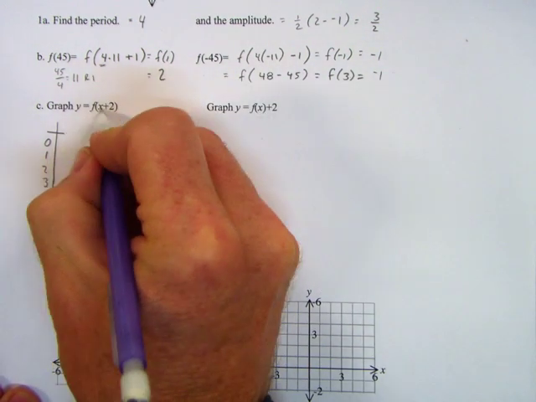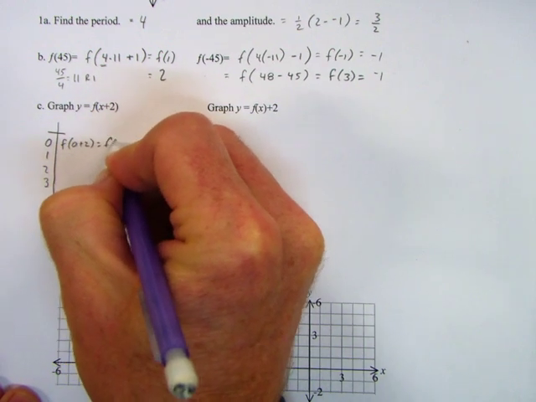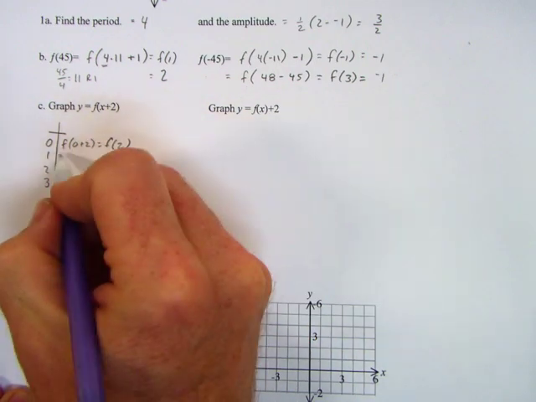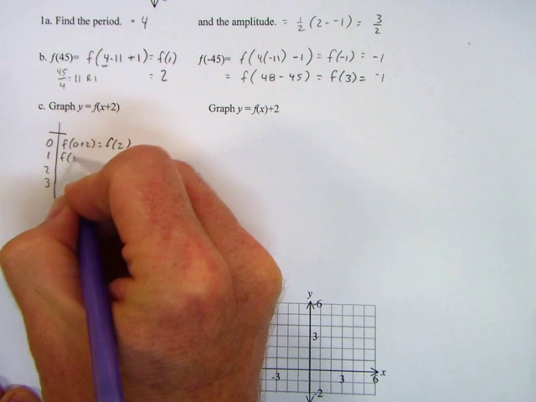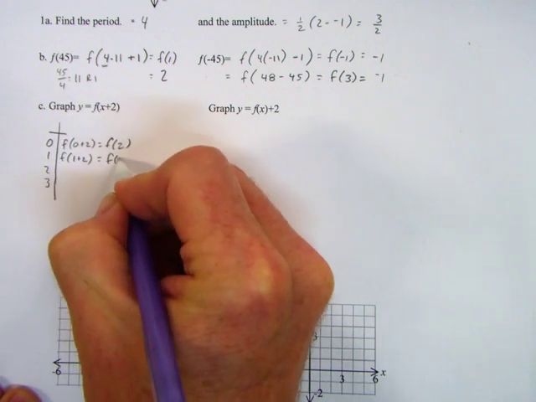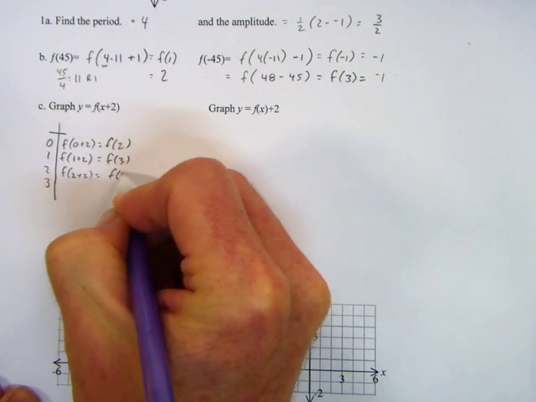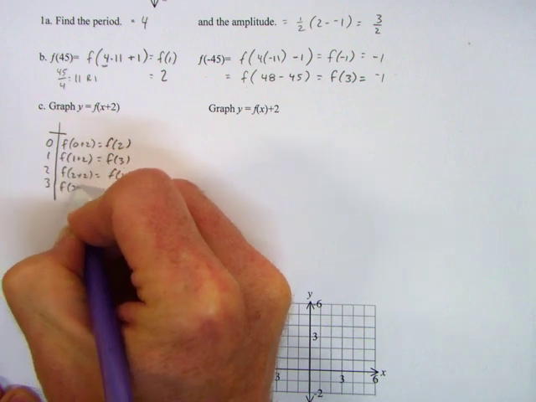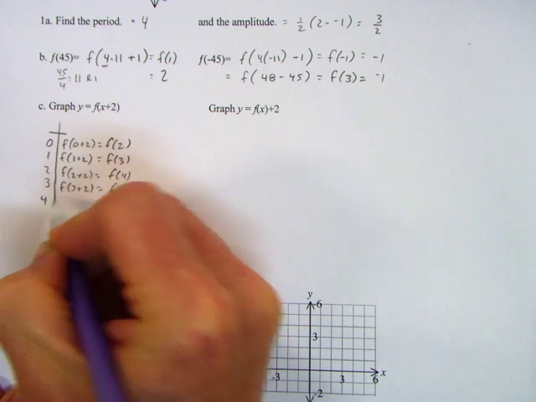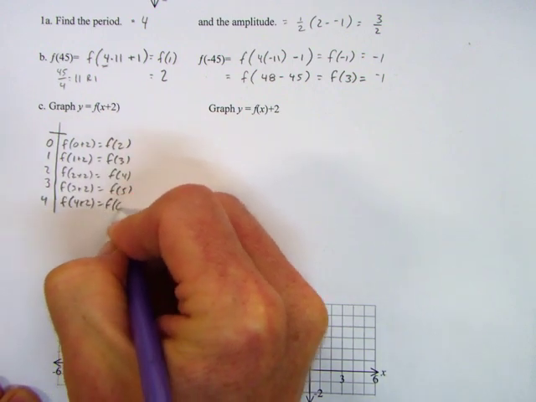Let's see what happens with this. If I plug in 0 for x, I will get f of 0 plus 2, which is f of 2. If I plug in 1, I get f of 1 plus 2, which is f of 3, f of 2 plus 2, which is f of 4, f of 3 plus 2, which is f of 5, and I could also take a look here at f of 4 plus 2, so f of 6.